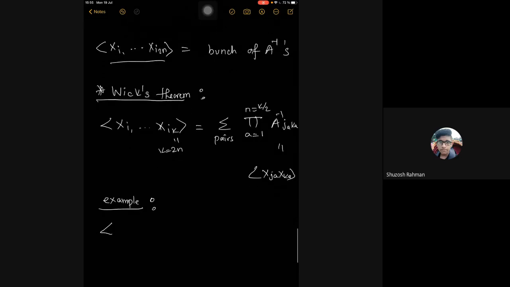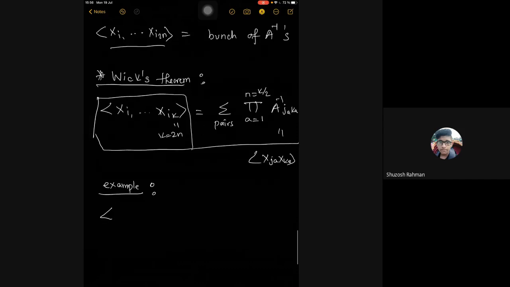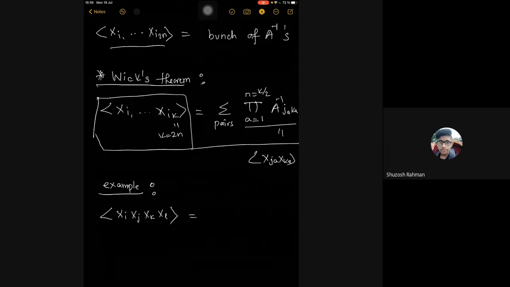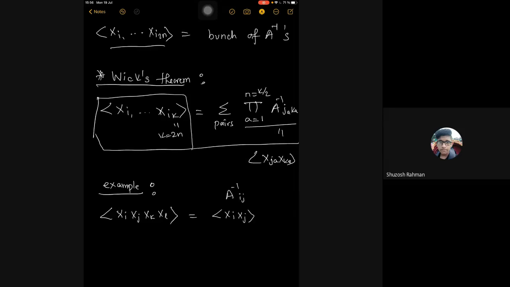So if you're calculating a correlation function or expectation values like this, you'll have a bunch of A inverses. Say you'll have xi, xj, because it's A inverse ij, and xk, xl.